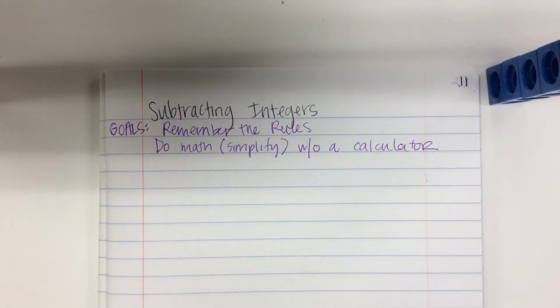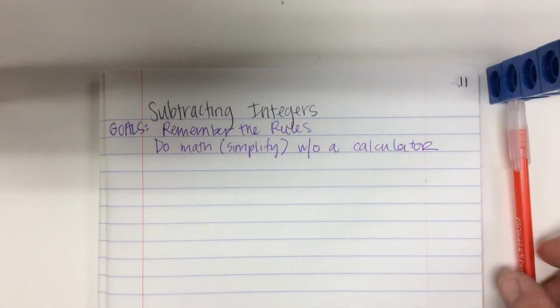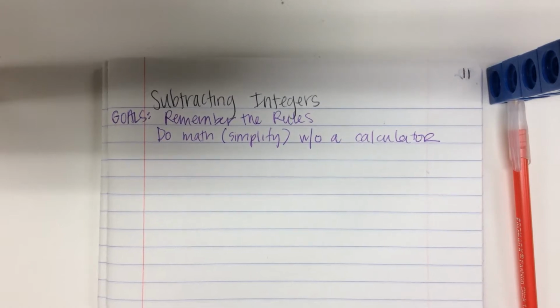Last week, we added integers, and there were two rules. What were those two rules? Do you remember, Dakota? Perfect.